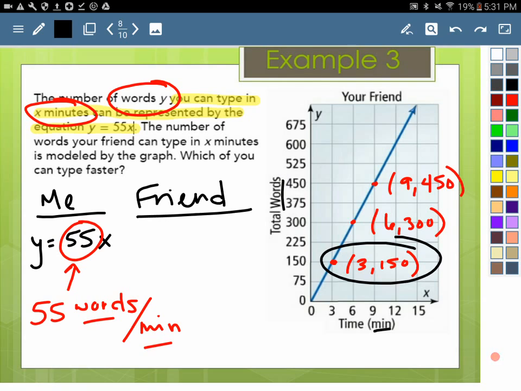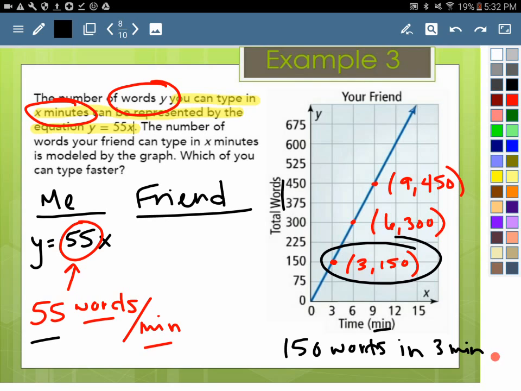So really this is saying that I can type 150 words, or my friend I should say, 150 words in 3 minutes. Well, what does that mean about 1 minute? Because right now my speed is 55 words per minute, which just means in 1 minute I can type 55 words. Well, how do I figure out how many words my friend types in just 1 minute?